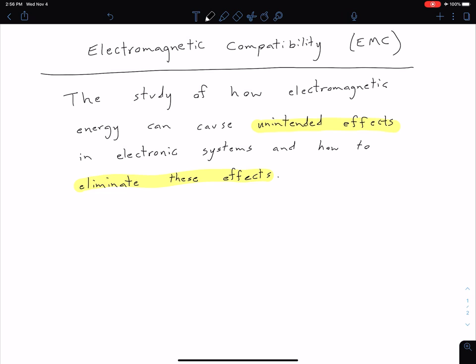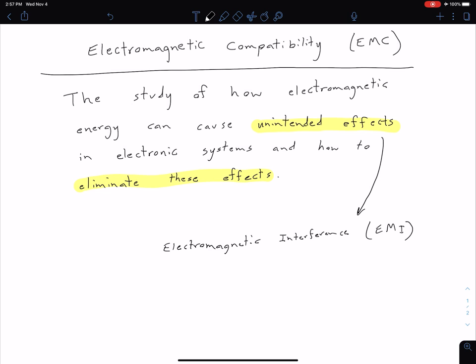First of all, we can call these unintended effects electromagnetic interference. Oftentimes we'll call this electromagnetic interference, or just EMI. I'll often use these abbreviations so we don't have to write out the full thing.